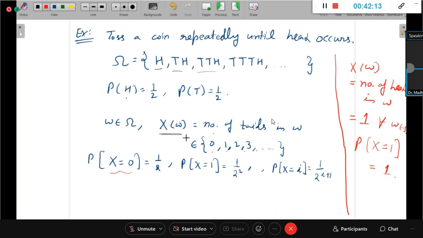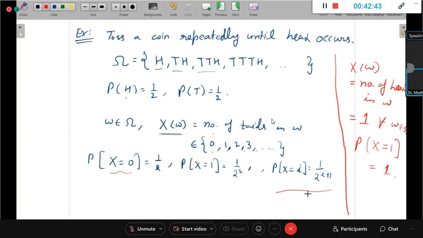Now x equals 0 means the number of tails in w is 0, meaning only one head, so the probability is 1 by 2. The probability of x equals 1 is the tail followed by a head. These are simultaneous tasks, so the probability of getting tail times the probability of getting head is 1 by 2 times 1 by 2, so 1 by 2 square, and so on.